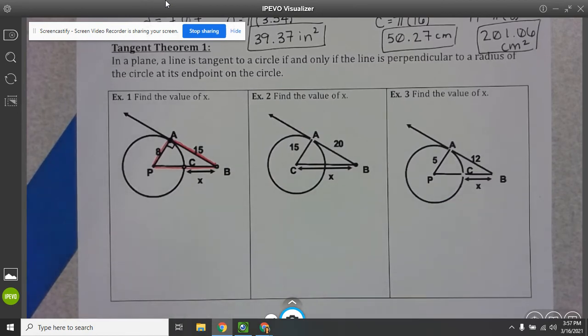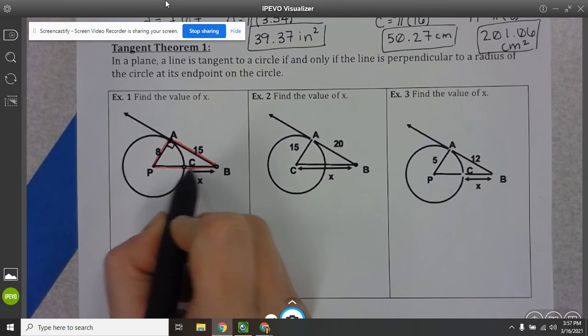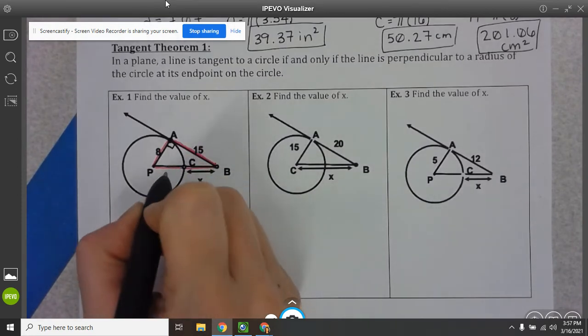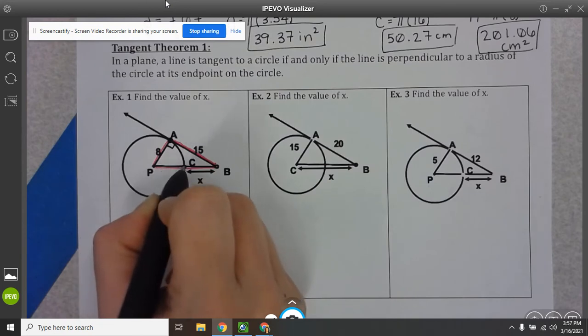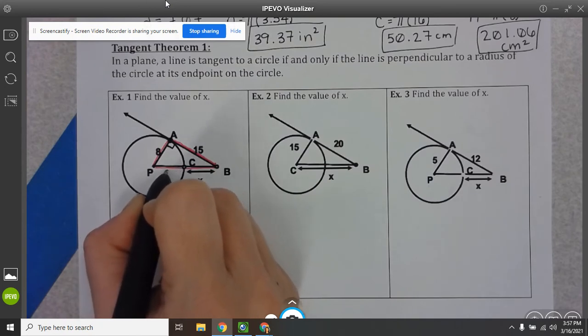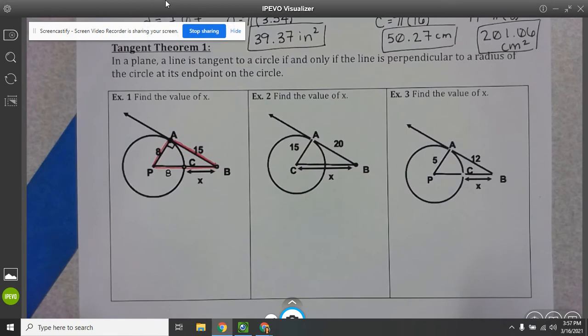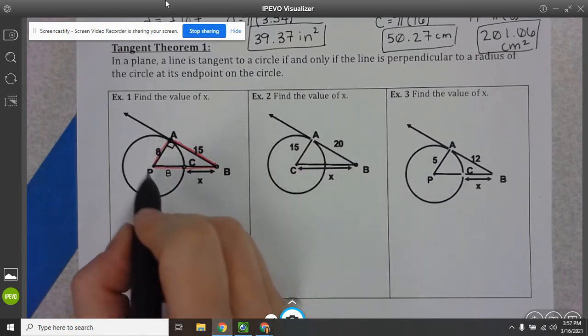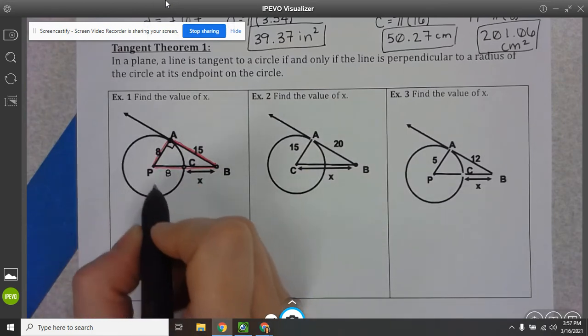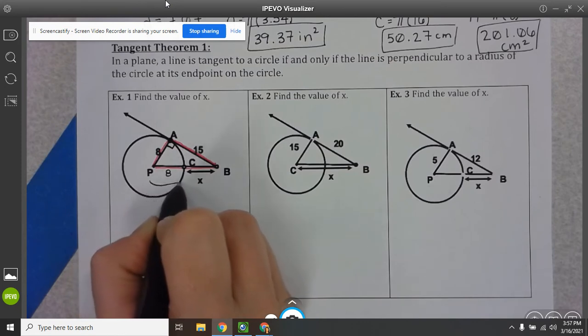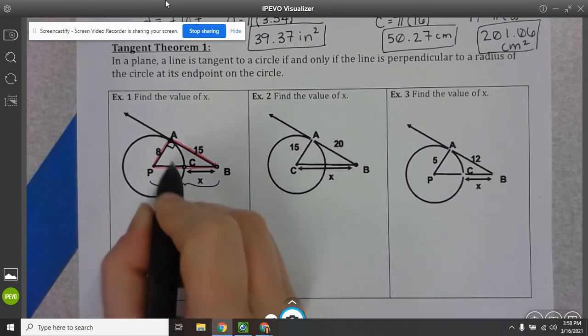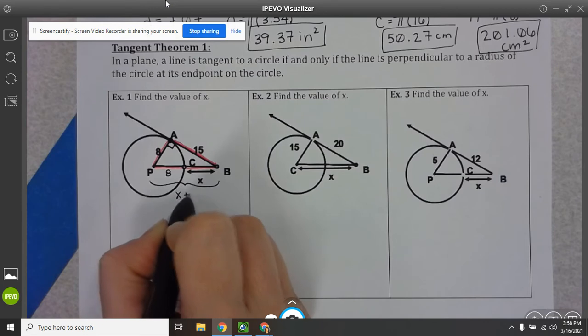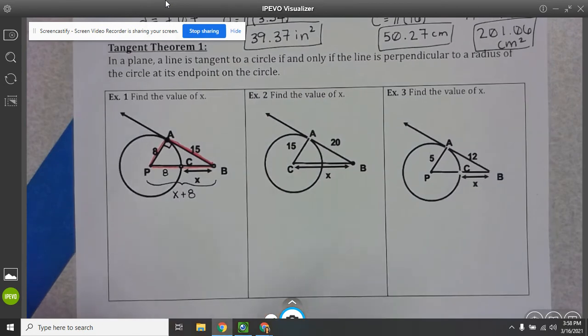Now we have to be careful because X is only this segment from B to C. This here is also a radius, so I know that this is 8. But the hypotenuse is this whole side of the triangle here. So this is x plus 8.